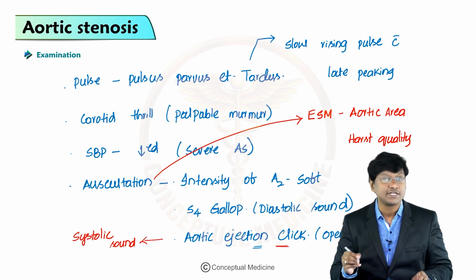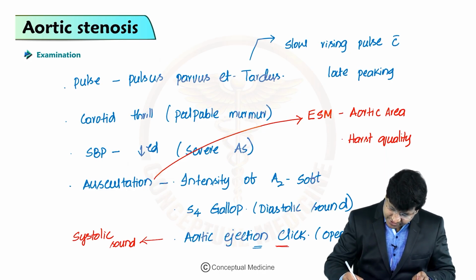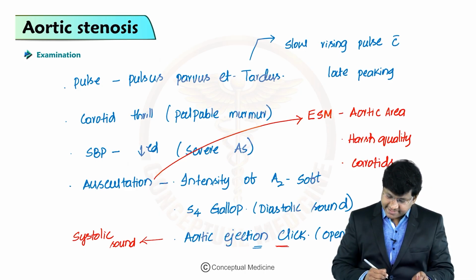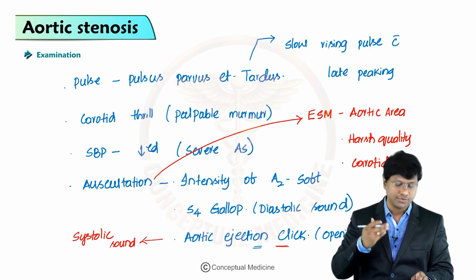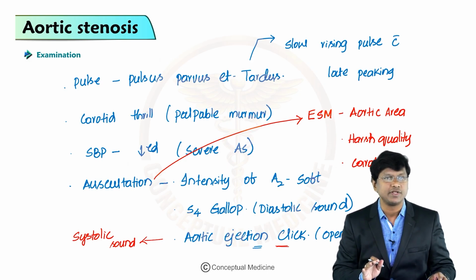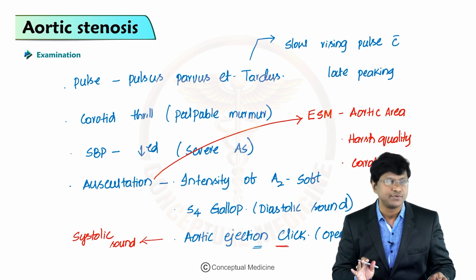It will radiate to the carotids. So that is about the ejection systolic murmur that you will have in patients with aortic stenosis.